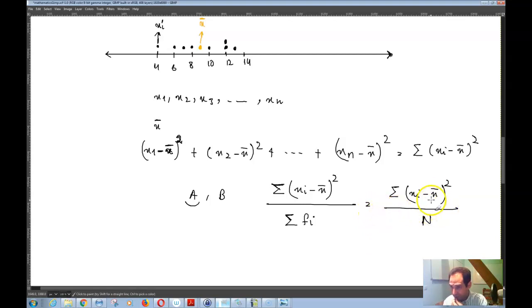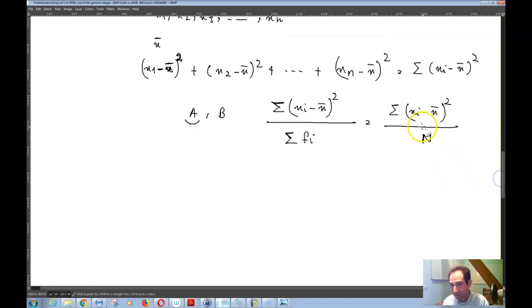Then we called this, basically, so then we said that thus we can take 1 divided by n times sigma of x of I minus x bar whole squared as a quantity which leads to a proper measure of dispersion.